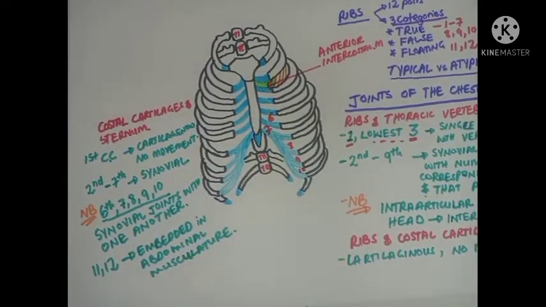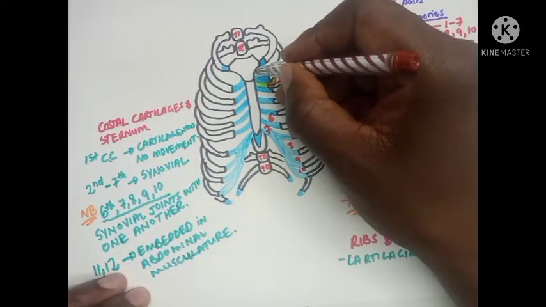So again, the fibers of the external intercostal muscle originate from the lower border of the upper rib and move downwards and forwards to insert on the upper border of the lower rib. And as we go forward anteriorly, there's a part where the muscle discontinues and it is finished by the anterior intercostal membrane, which is a membranous structure, not musculature.